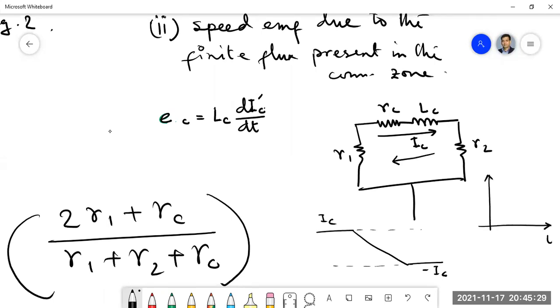If we take a step input, what kind of response will you get? If we give a step input in an RL circuit, what will be the response? Quickly.